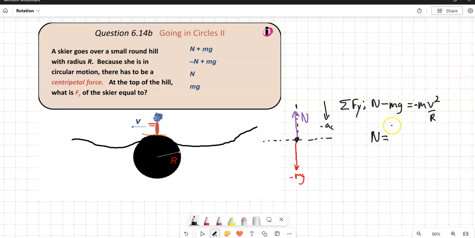So when you multiply both sides, mv squared over r is in the negative direction, so we're going to multiply both sides by this negative to answer the question. So this is going to be negative n plus mg equals that centripetal force right here. So to answer this question, the answer is negative n plus mg.